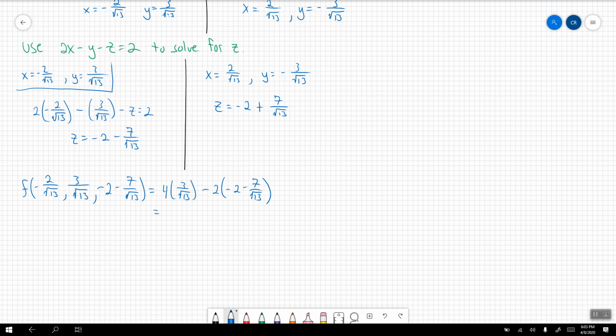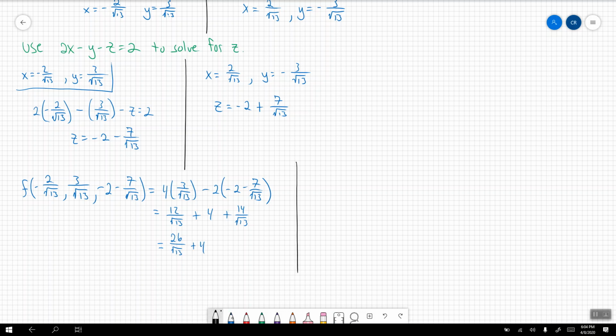Perfect. So that's 12 over root 13, and this is going to be plus 4, plus 14 right here. 7 times 2, 14 over root 13. There we are. Which then makes this 14 and 12. That's now going to be 26 over root 13 plus 4. That should give us some sort of maximum.